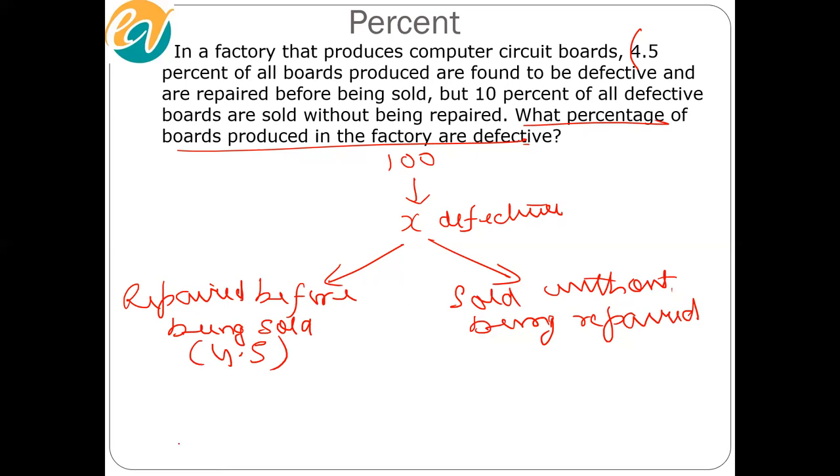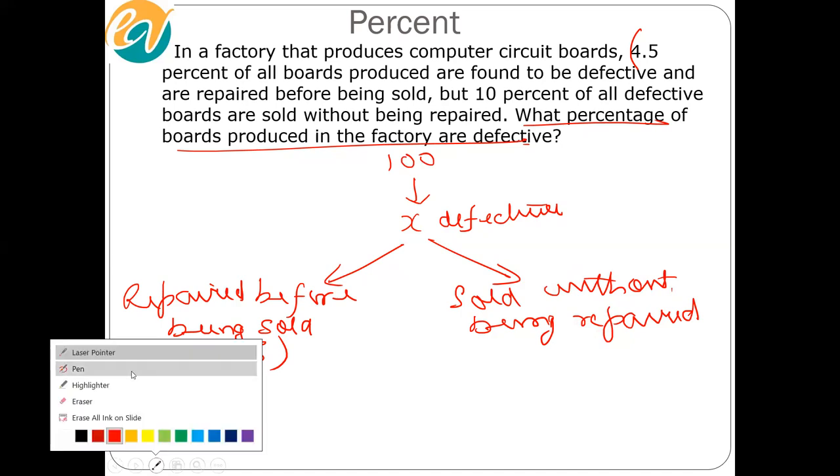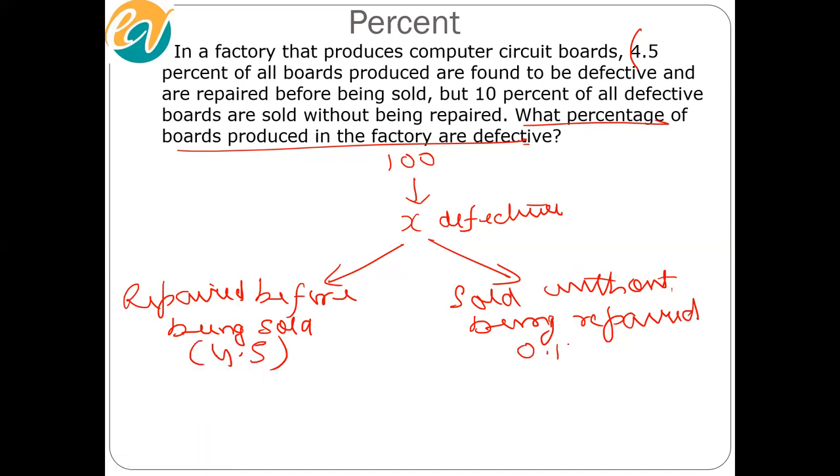Now, how much is in the category sold without being repaired? 10% of all the defective boards. Defective boards is X, so 10% of X falls in this category. So this will be 0.1X.